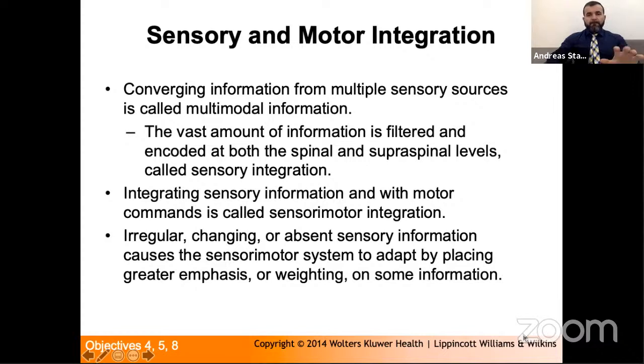First of all, before that, we get information from a lot of sources. It says here, though, irregular, changing, or absent sensory information causes the sensory motor system to adapt by placing greater emphasis or weighting on some information. So if I try to walk this room with the lights on, it will be different in the emphasis I'm going to give compared to lights off, because I cannot see.